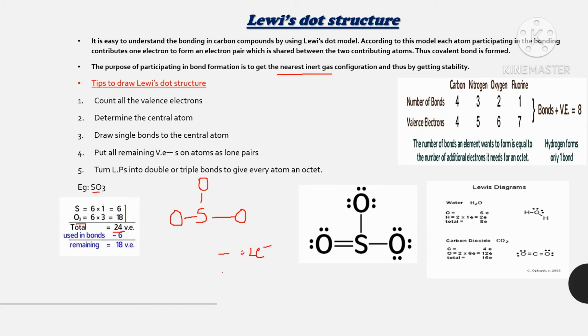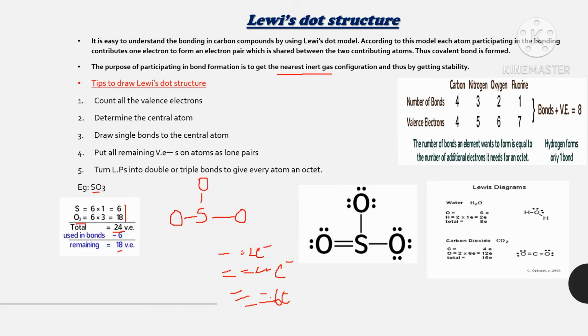If there is a double bond, the number of electrons is 4, and if it is a triple bond, the number of electrons is 6. Here sulfur forms 3 single bonds with 3 oxygen atoms, which means 6 electrons are participating in the bonds. So we remove 6 valency electrons from 24, and the remaining is 18 valency electrons.